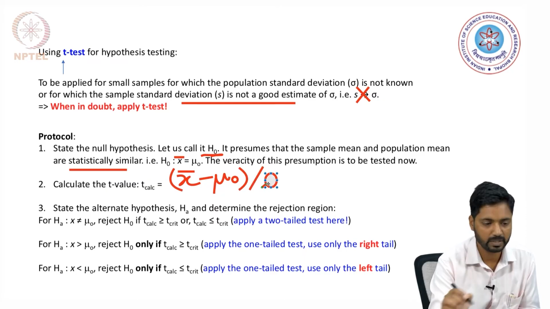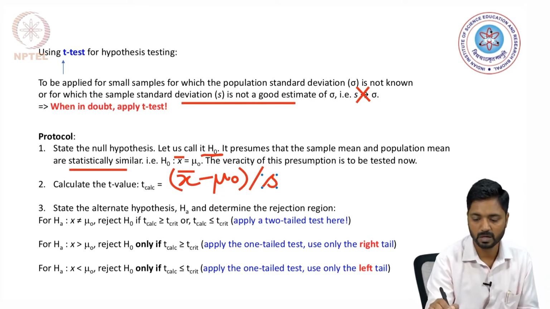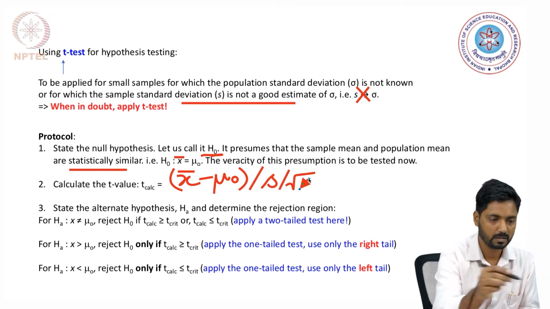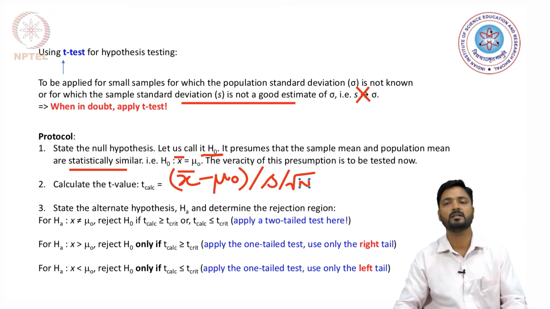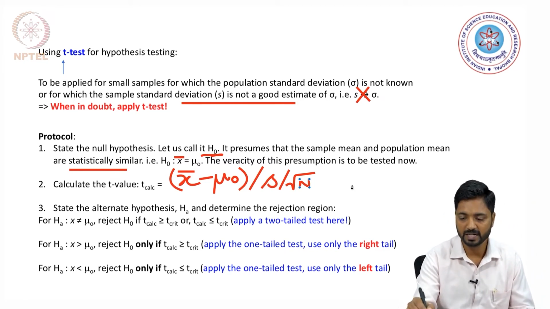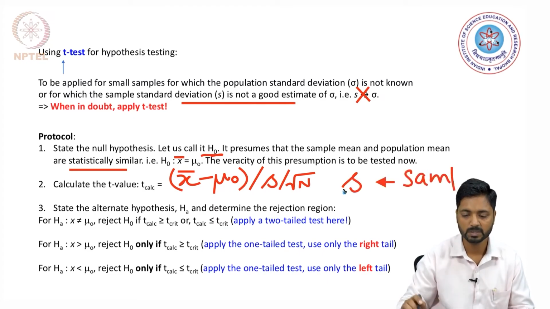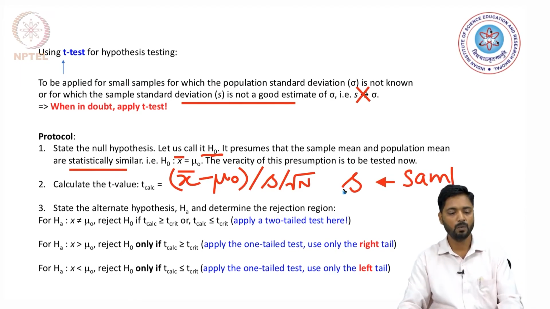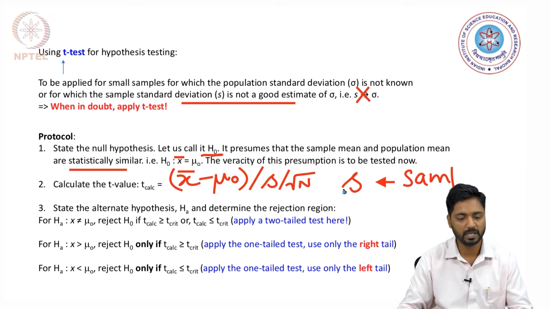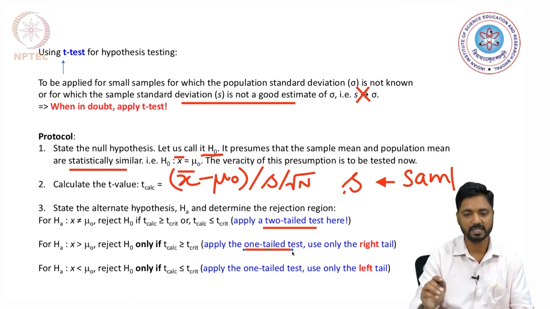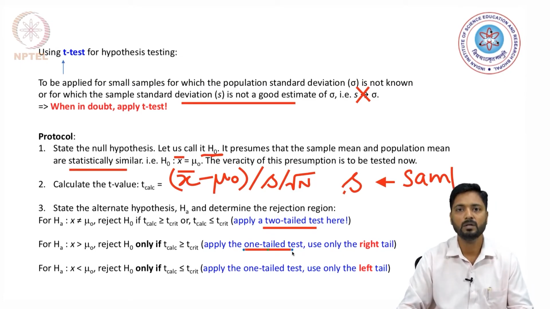However, the only difference is that we are talking about the sample standard deviation S instead of the population standard deviation. Now, as previously, we will apply either the two-tailed test or the one-tailed test depending upon the hypothesis that we want to test.